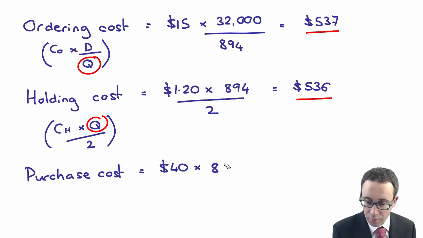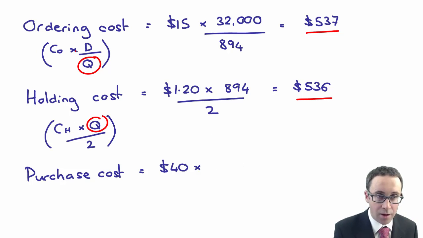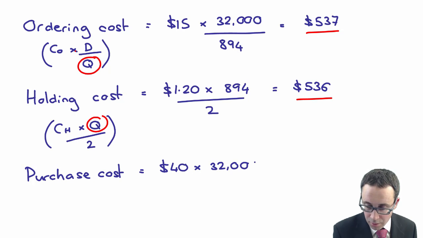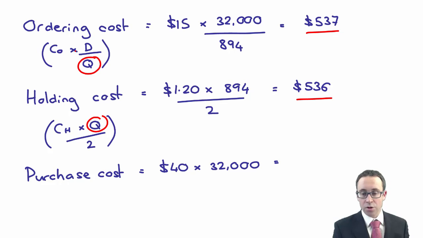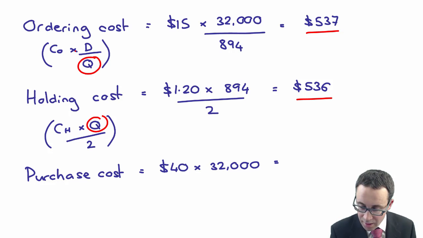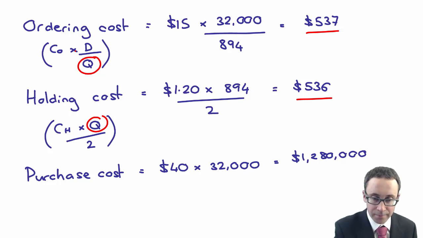So if we do it properly, you've got 32,000 units which we purchased. So 40 times the 32,000 gives me 1,280,000.